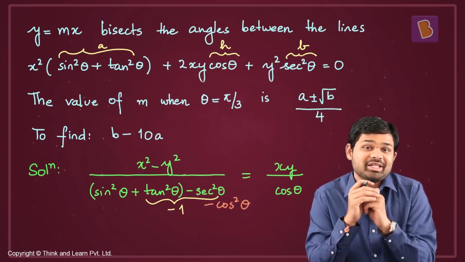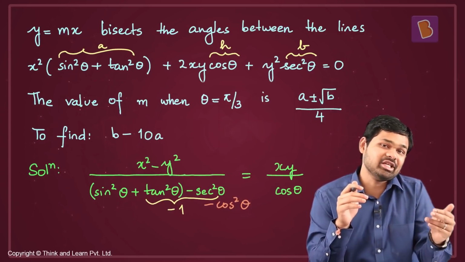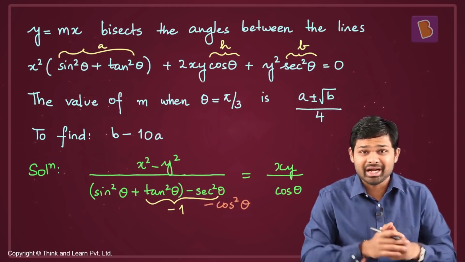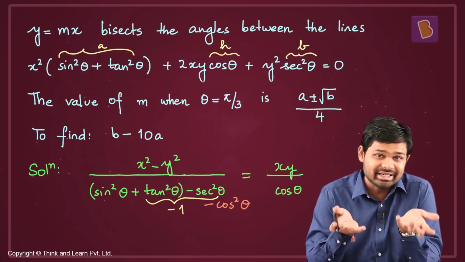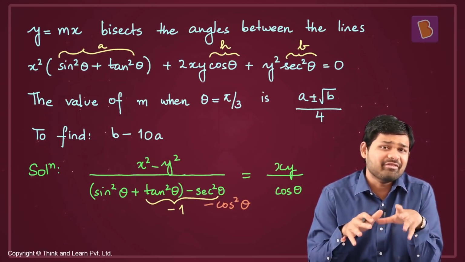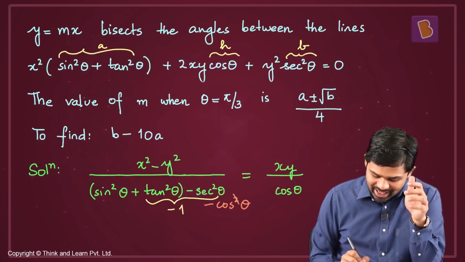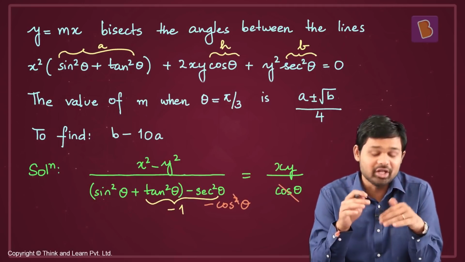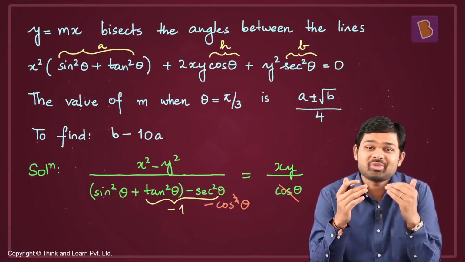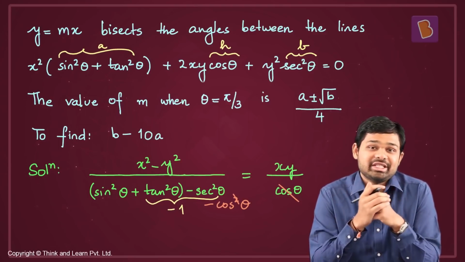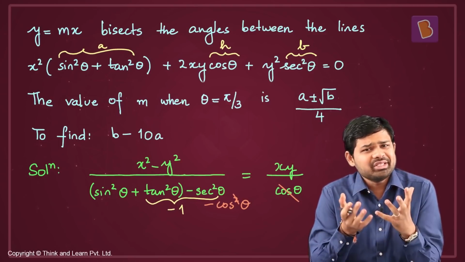So I have x square minus y square divided by minus cos square theta is equal to xy divided by cos theta. The value of theta is actually not equal to 90 degrees. So that means that the denominator will never be equal to 0. So I can cancel out one of the cos's from the denominator, and eventually I am left with the expression x square minus y square divided by minus cos theta equal to xy. What is the value of theta?